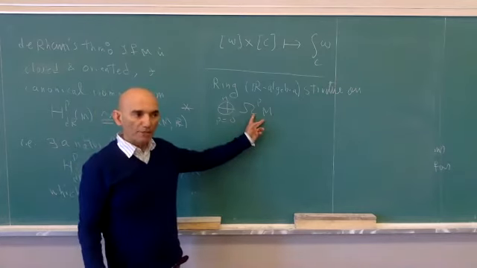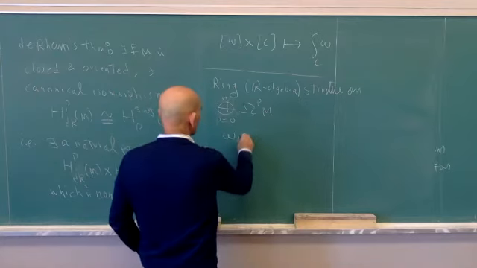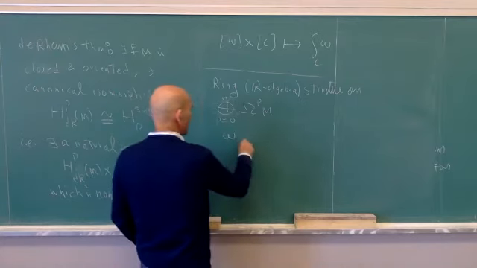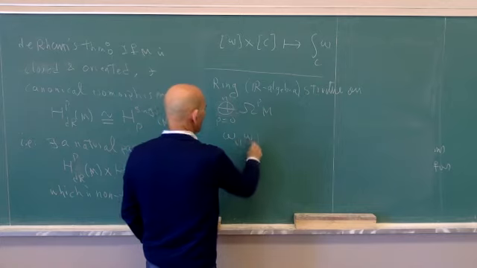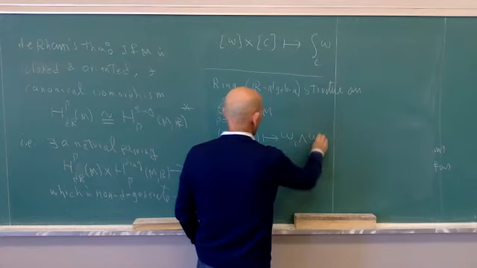You can multiply differential forms. For omega 1 and omega 2, the product is defined by omega 1 wedge omega 2.